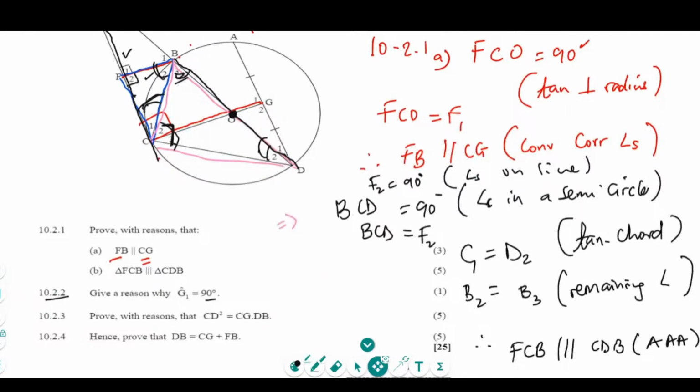So what we need to write is basically the reason: line from the center to the midpoint of the chord, because this is a midpoint. As long as the line is from the center to the midpoint, automatically it will make 90 degrees, or it will be perpendicular to that chord.